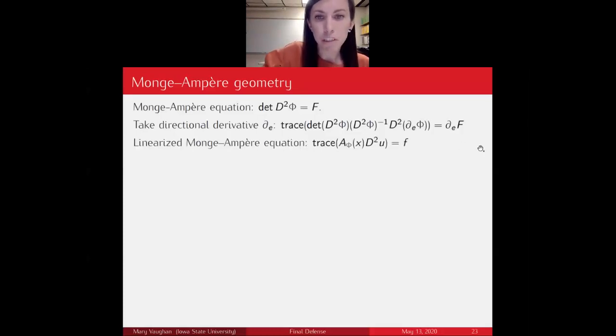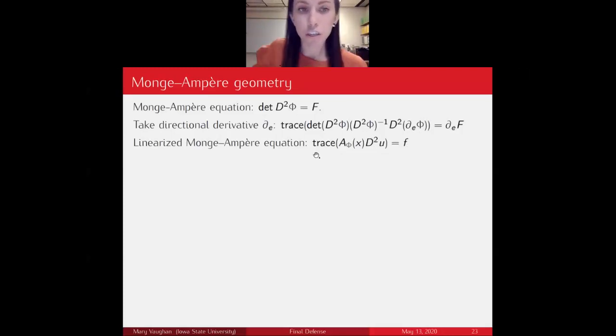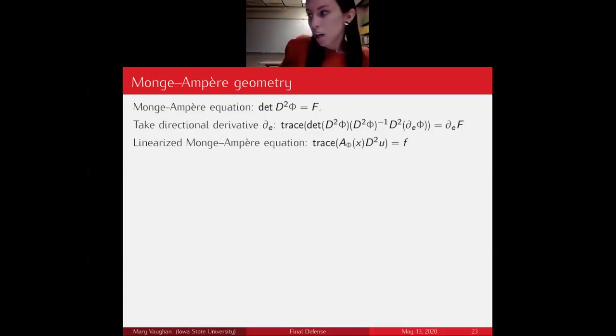If I relabel this equation, I have the trace of a matrix times the Hessian of u equals f, just by relabeling. And so this is a linear equation, and it's called the linearized Monge-Ampère equation.